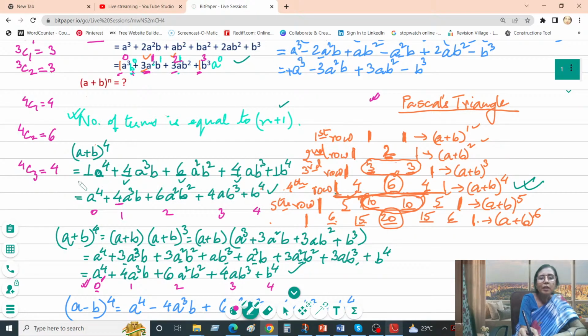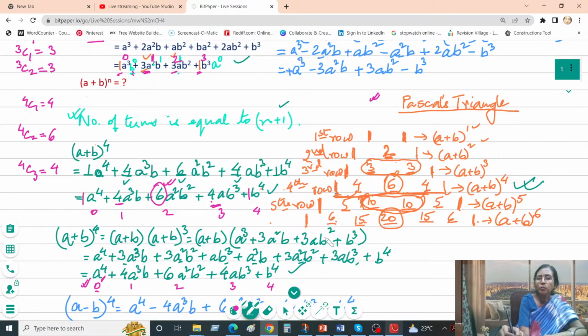But you really do not need this one because you know the symmetry. A plus b raised to the power of 4, hence there will be 5 terms. So this is the highest number, you have reached the middle point. Now the coefficients will be going on decreasing. So this is 4 and this is finally 1.